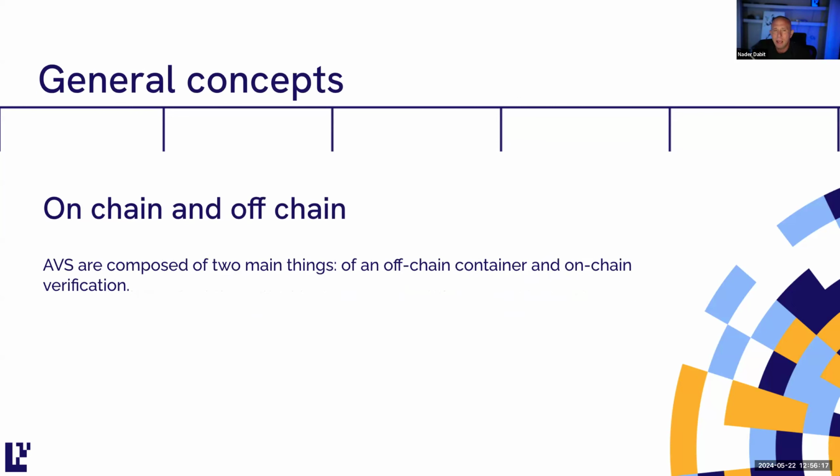An AVS is made up of two main parts: your on-chain smart contracts and your off-chain software. The off-chain software is what the operator is running. This is your proprietary functionality, the main part of your service. The on-chain part is just the verification of whatever is happening there.